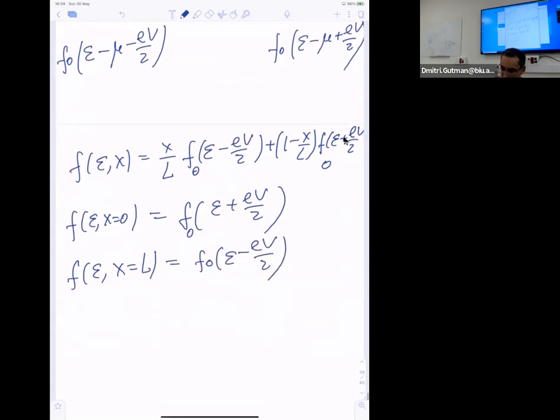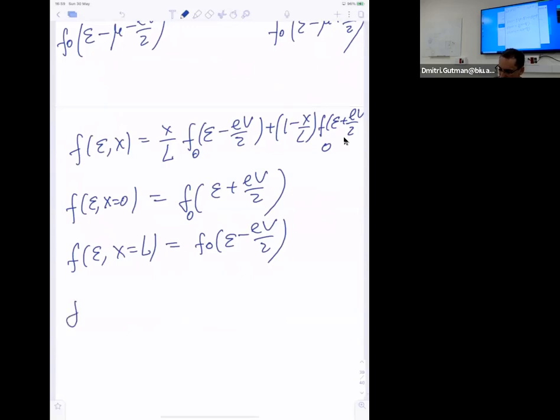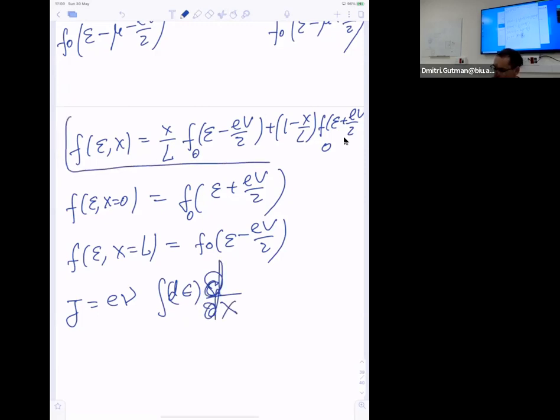And if we're interested in the current, then according to this logic the current will be this prefactor times the integral over d epsilon of the gradient, which in this case is just d over dx, of this object. And you see that the gradient is just 1 over L. Let me write it: x over L f0 plus 1 minus x over L f0. Here it will be epsilon minus EV over 2, and here epsilon plus EV over 2.